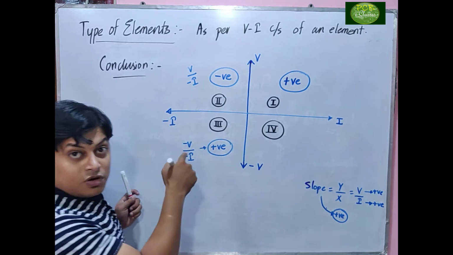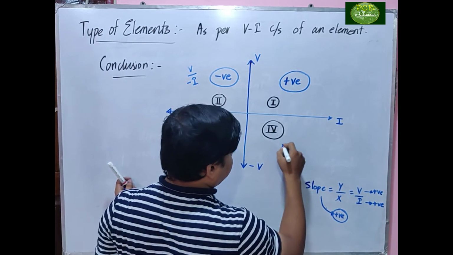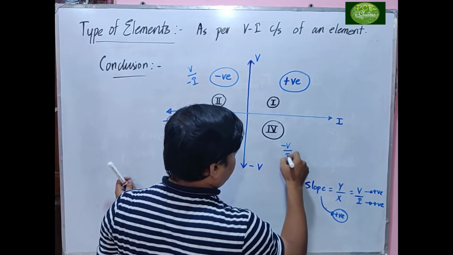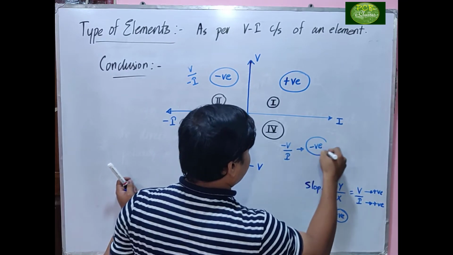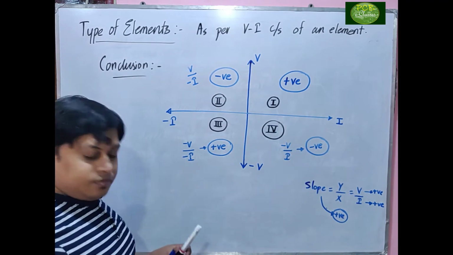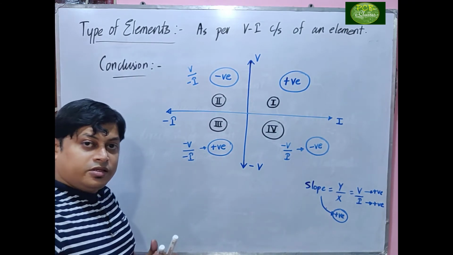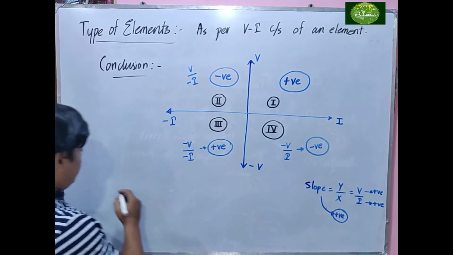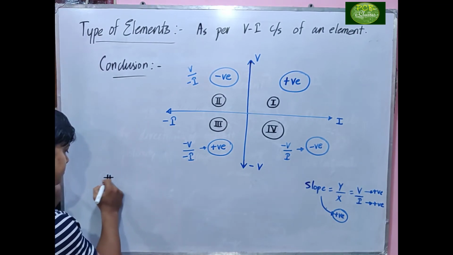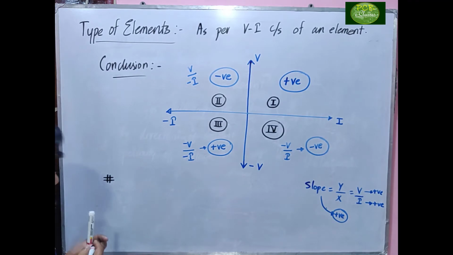Here in the fourth quadrant it is minus V by I, so it is negative. What have we concluded?